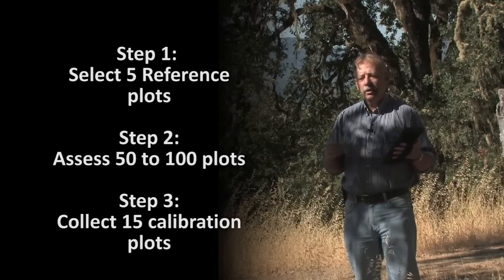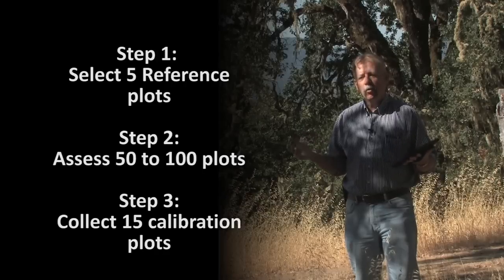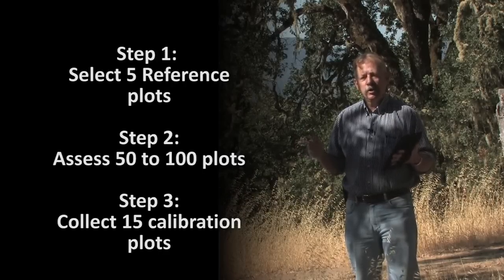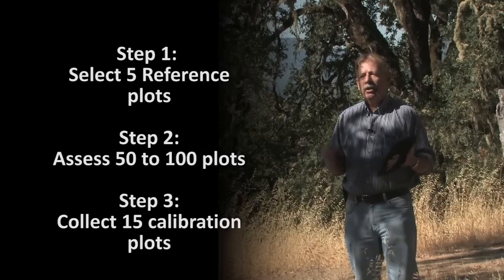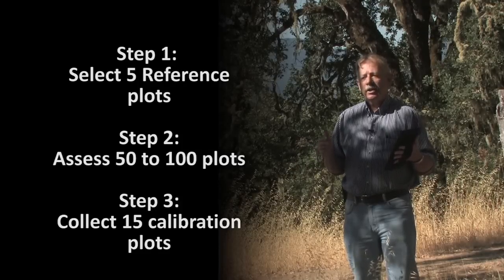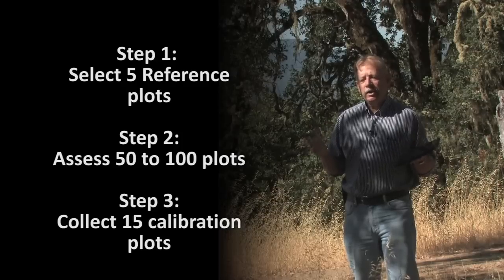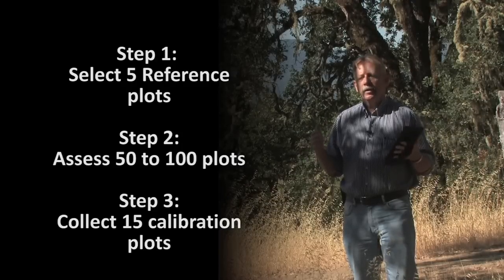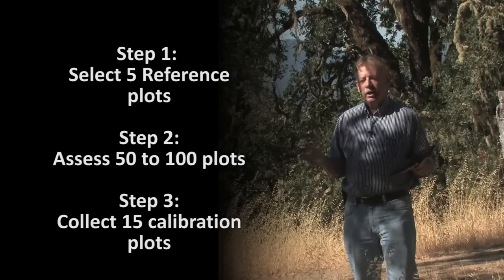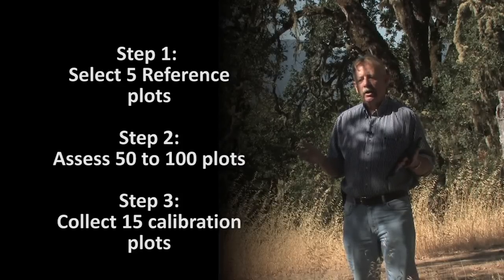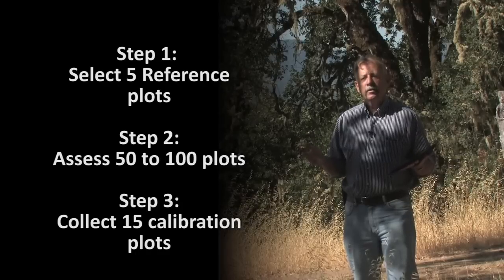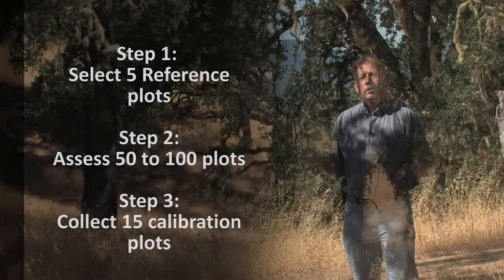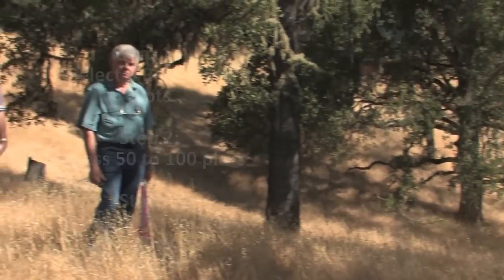You essentially collect 50, 100 or more points where the observer ranks those observations on that 1 to 5 scale. And the last step is to set out 15 or more calibration quadrats where the observer goes out, ranks those again on a 1 to 5 basis, and the team comes back and clips and weighs those 15 or more calibration quadrats, just as was done on the small plot clipping.